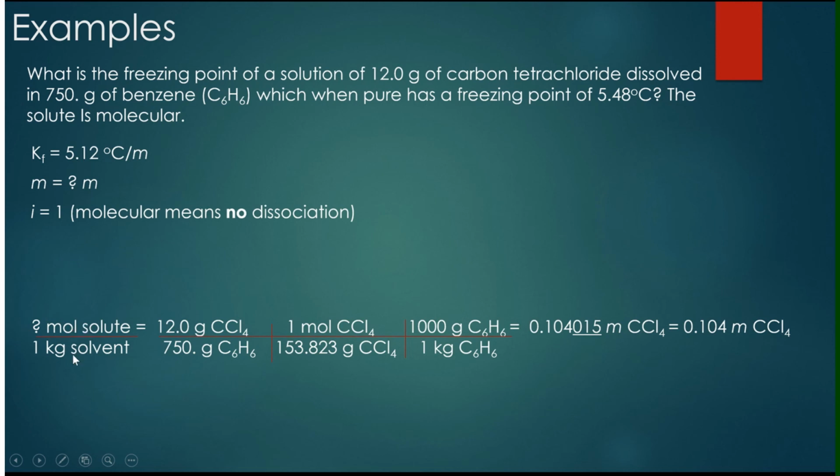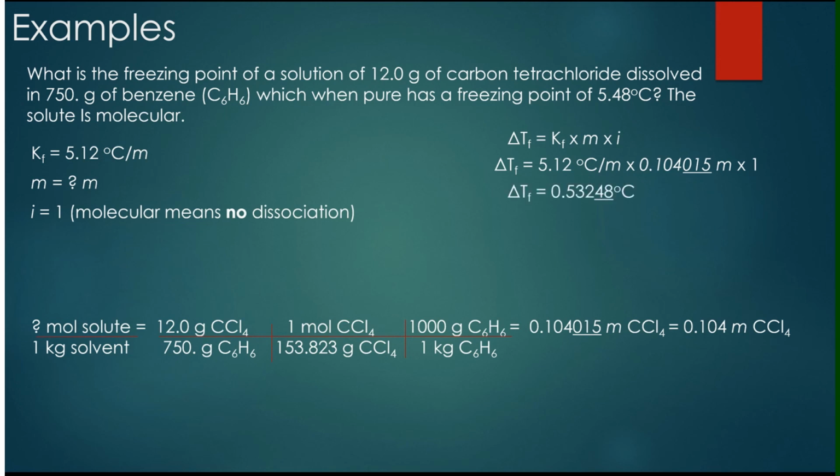Molality is moles of solute over kilograms of solvent. We solve for this molality. CDUD again. We find a freezing point depression of 0.53248 degrees Celsius. You can notice I used a different Kf also.